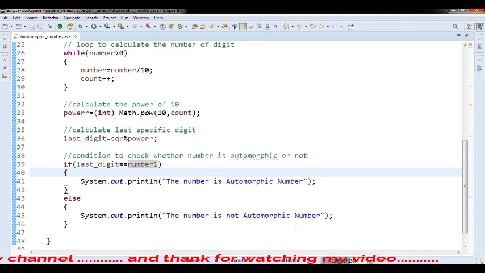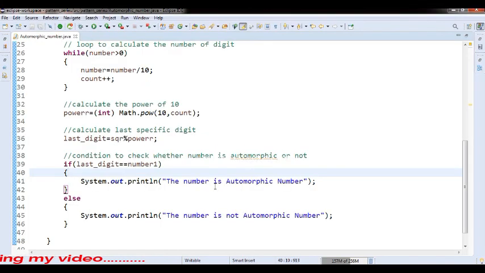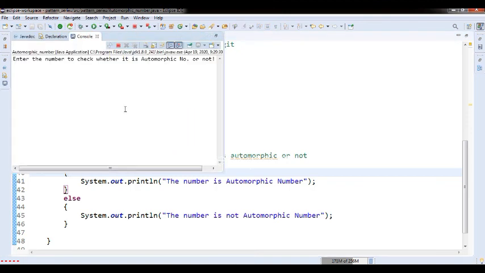So please watch this video 2 or 3 times if you are not able to understand it, and try it yourself. Try to understand the problem first. Whenever you understand the problem, you will definitely get the solution. Now run the program and see the output.